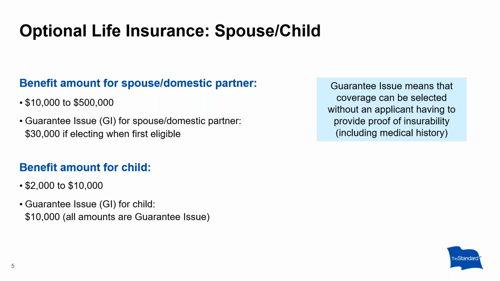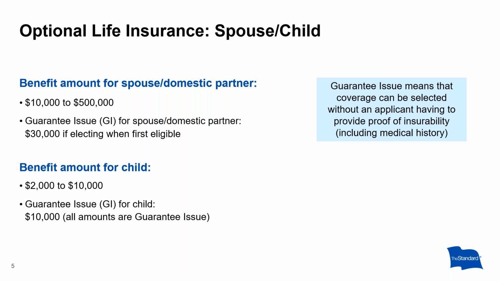There's a guarantee issue level of $30,000 when electing coverage for the spouse when first eligible. So again, that goes back to, are you electing this coverage as a new hire? Or is this the first time it's being offered to you by your employer? Then you can get coverage for your spouse at $30,000. Anything above that $30,000 requires evidence of insurability.